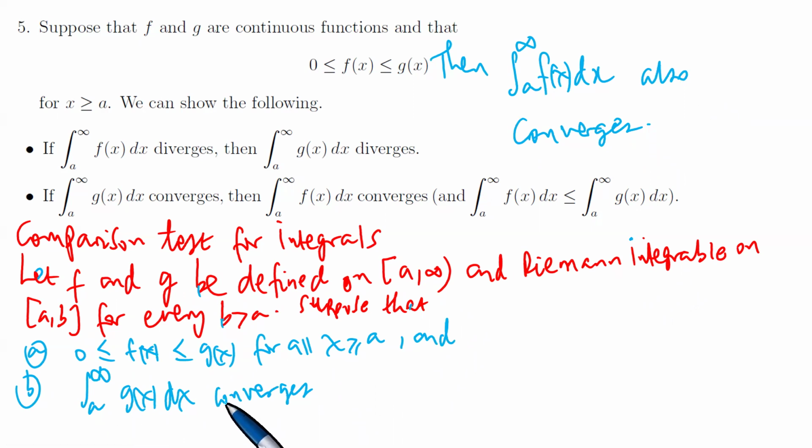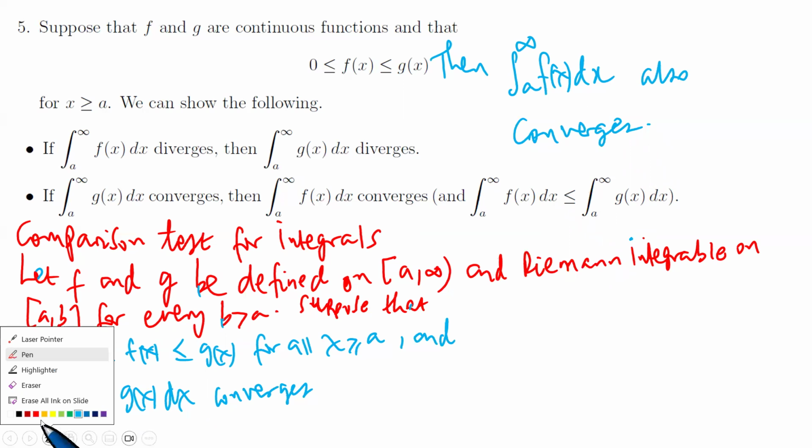We are then saying if f is below g and the integral of g converges, then because g is the biggest one, if the biggest one's integral converges, then also the smallest one converges.